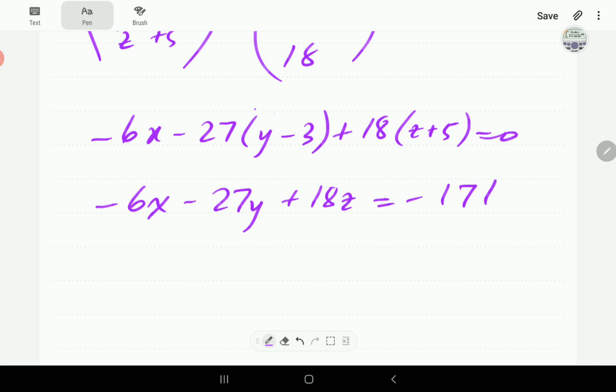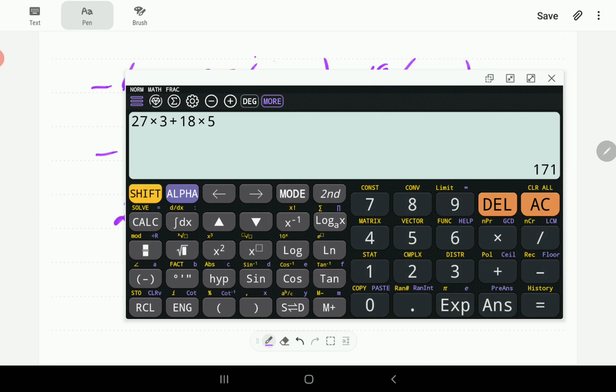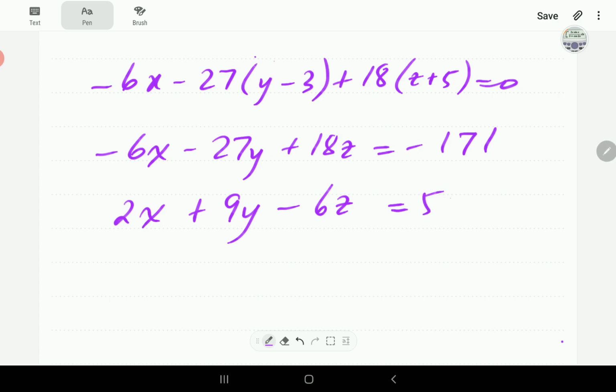All these numbers are divisible by 3. So if we divide by -3, it's going to be 2x plus 9y minus 6z equal to, and we need to divide this by 3, it's going to be 57. So that's the scalar form of that equation.